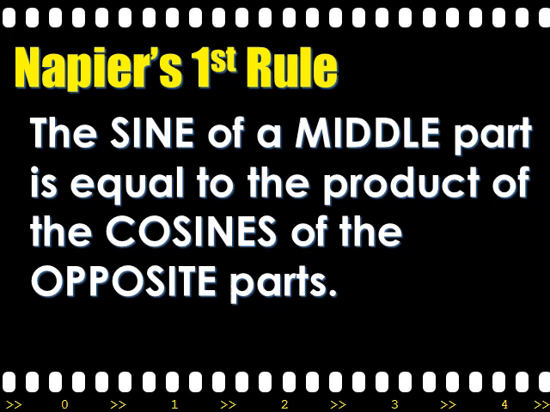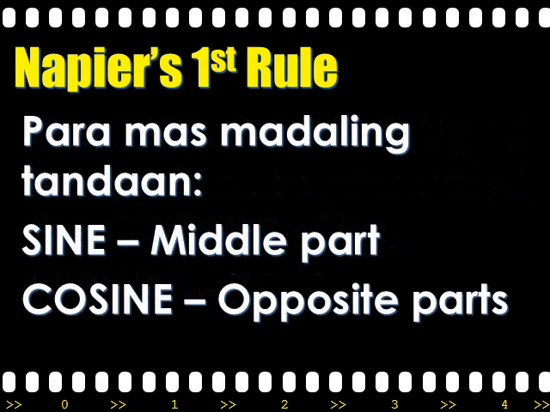Now, anong sinasabi dun sa Napier's first rule? It says that the sine of a middle part is equal to the product of the cosines of the opposite parts. Para mas madali nating tandaan, ang keywords lang natin dito is sine, middle part, and then cosine, opposite parts. This means na kapag kinukuha natin yung trigonometric function para sa middle part, parati natin ginagamit yung sine.